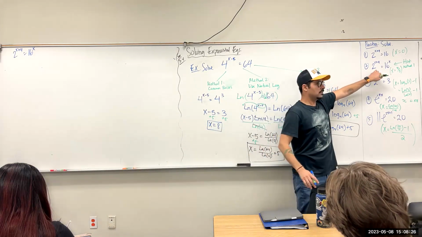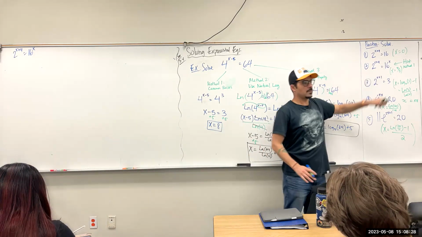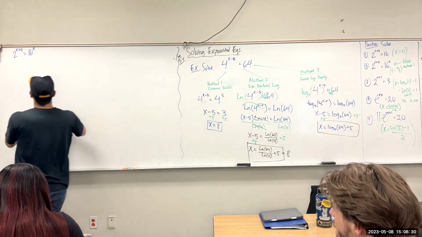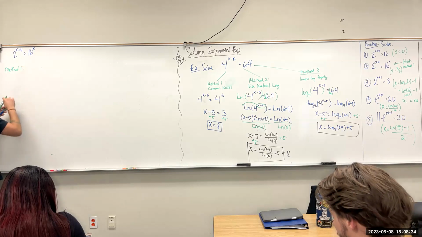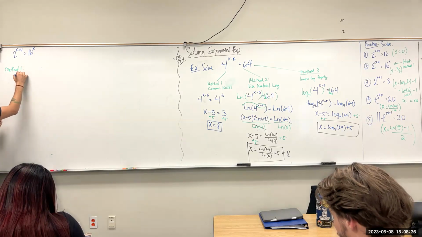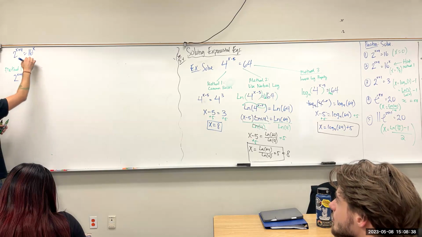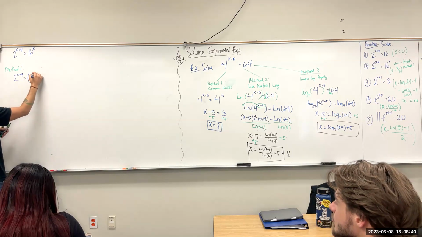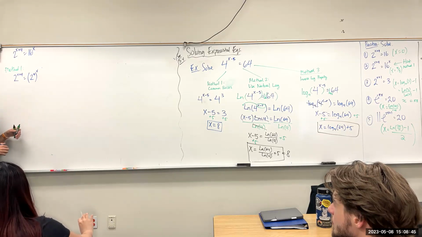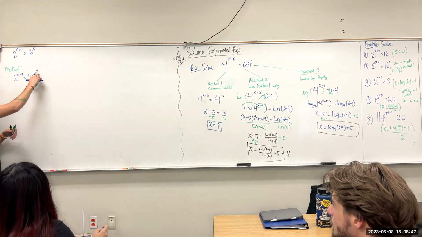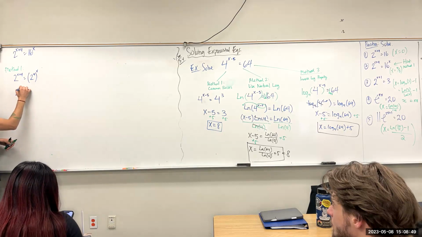Number one. If you use method 1, it would be 2 to the x plus 4, and then the 16 you would write as 2 to the power of 4, and then x. And because of exponent properties, these end up being multiplied.